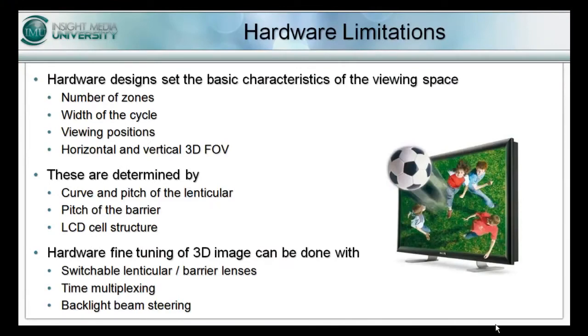So first of all, there are some hardware limitations for lenticular-based or parallax barrier-based displays. There are discrete viewing zones, in other words, sweet spots that you have to be in. These sweet spots repeat horizontally around the display as you move side to side. There are cycles of these sweet spots, and there are both horizontal and vertical field of view limitations as a result of adding the lenticular or the parallax barrier overlay to an LCD screen.